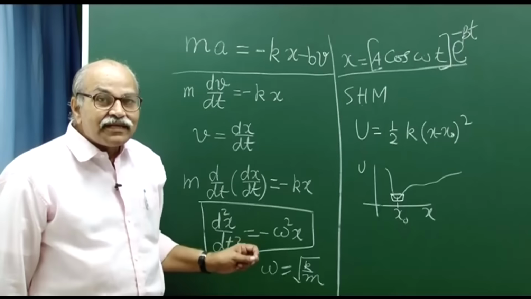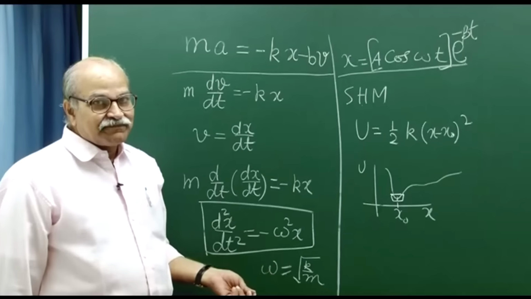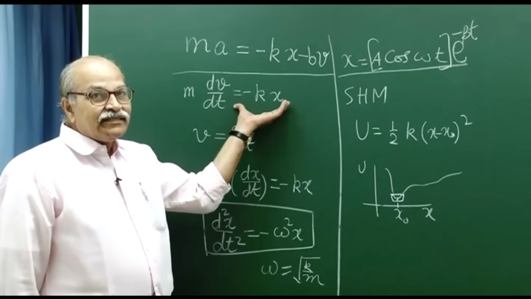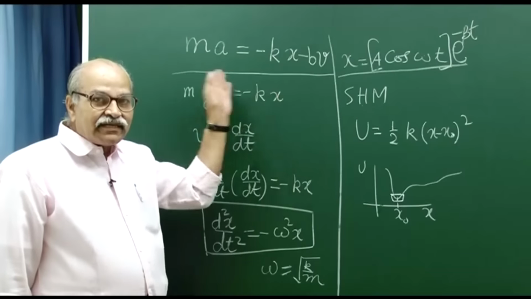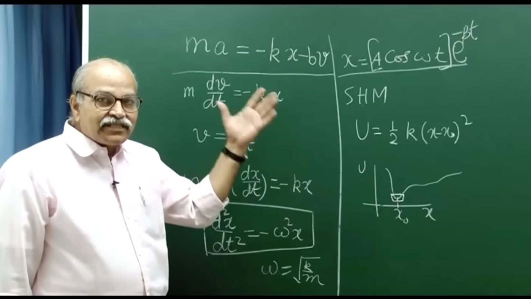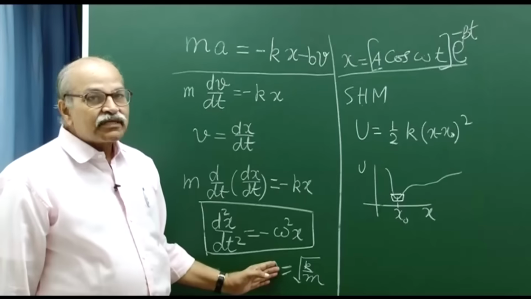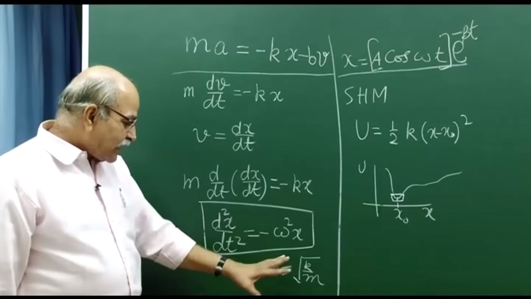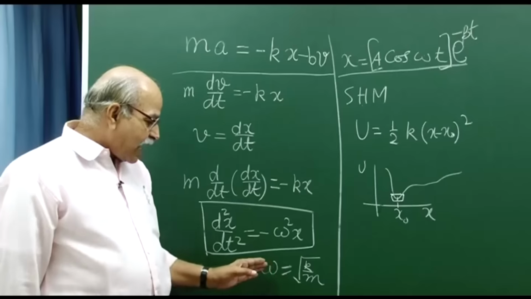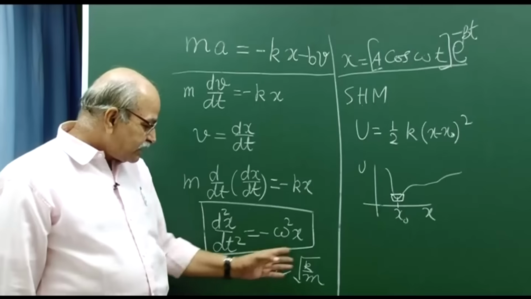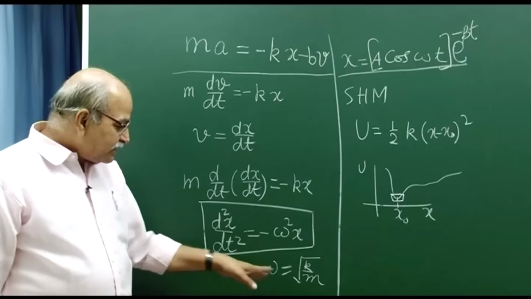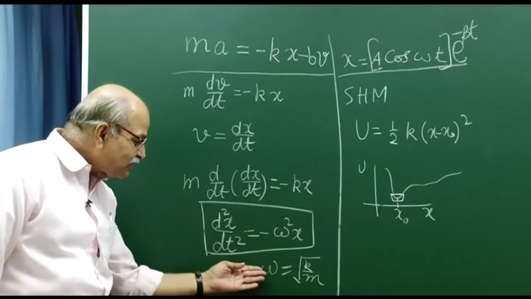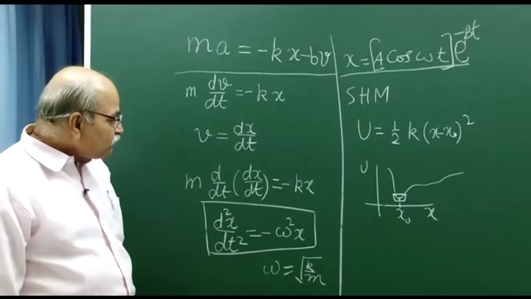We call it the natural frequency of the system. The system, which includes the object and the restoring force, will oscillate with this particular frequency. This omega is called angular frequency, so that difference is there. Your frequency will be this divided by 2 pi, but we generally call this also frequency.